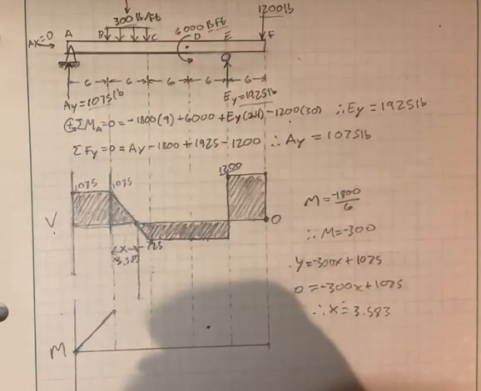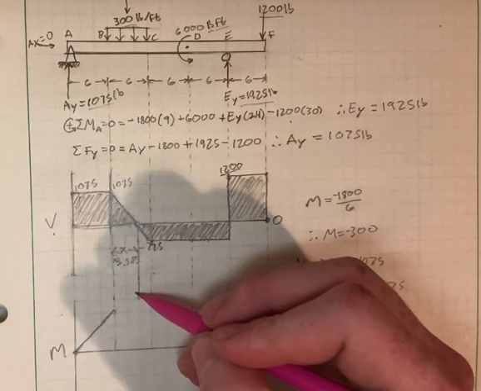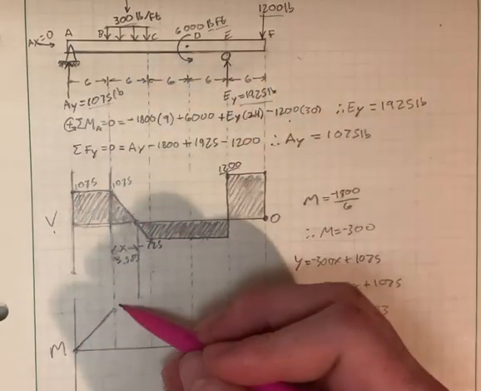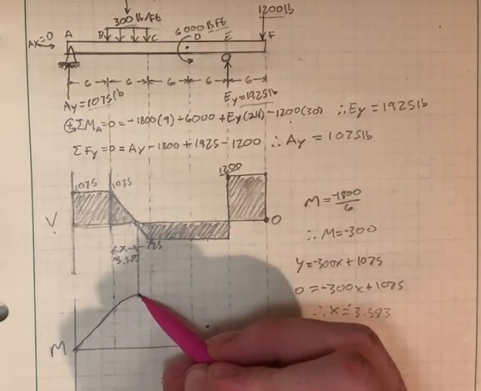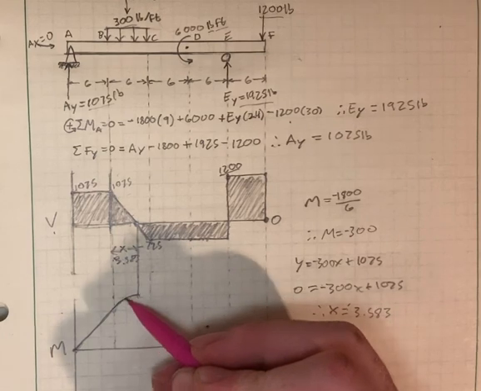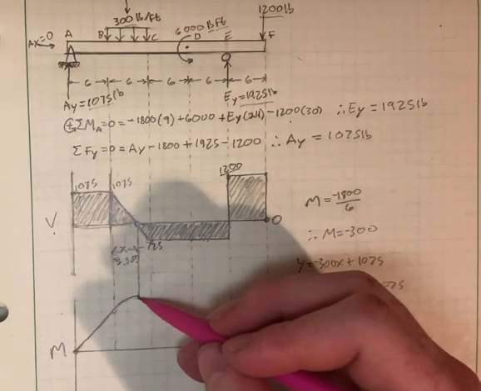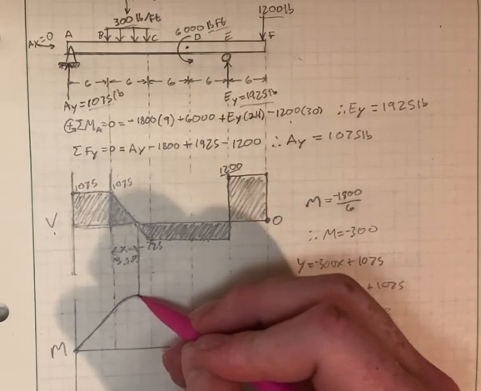It's going to start up and slowly level off, because the slope is very positive and slowly goes to 0. It's going to look like that, a little bit of a curve in there.